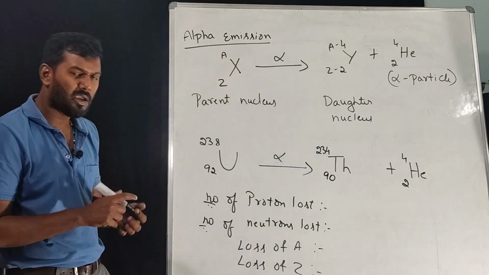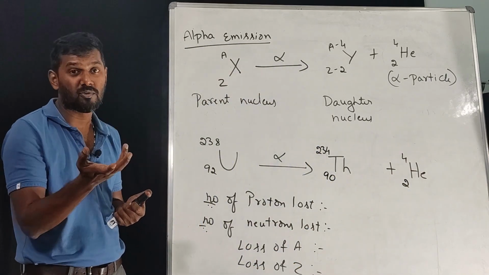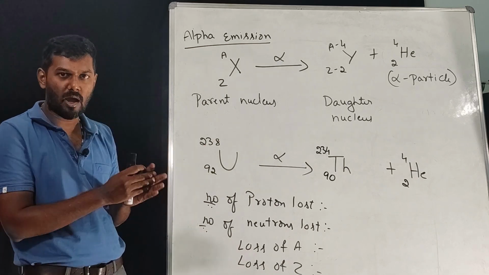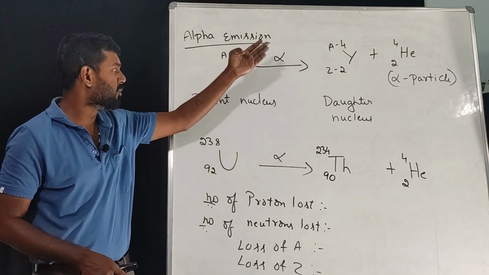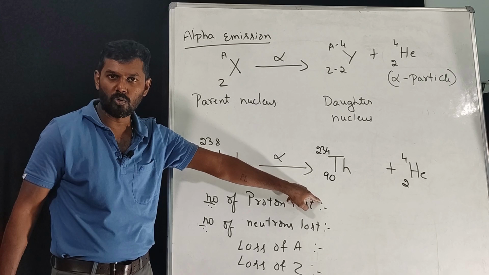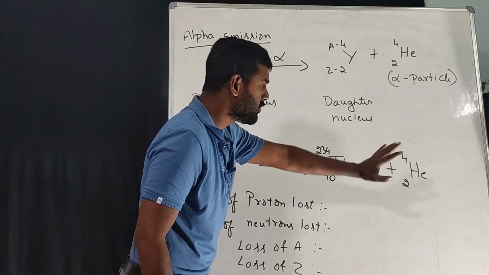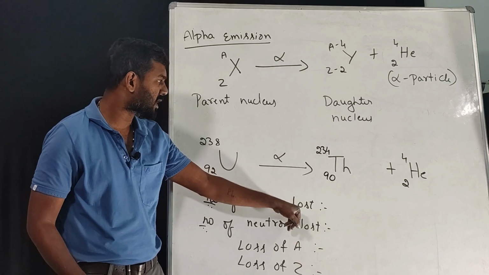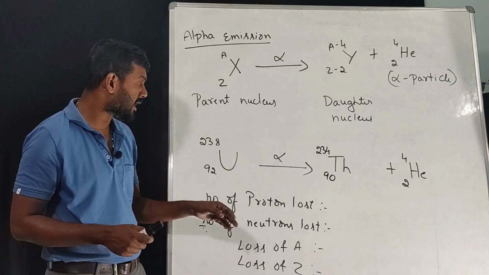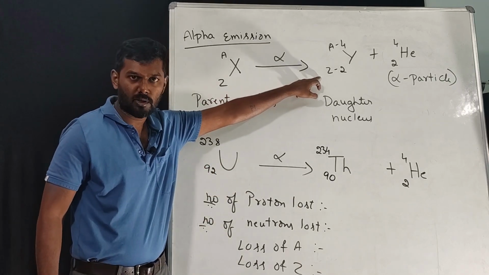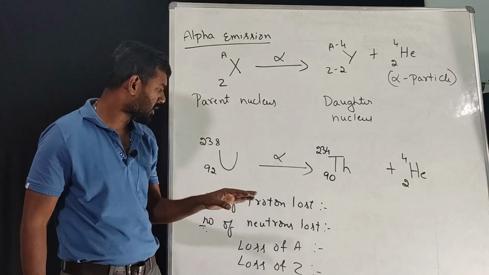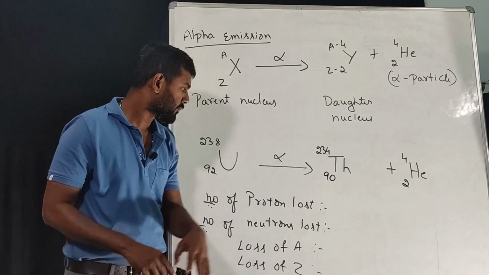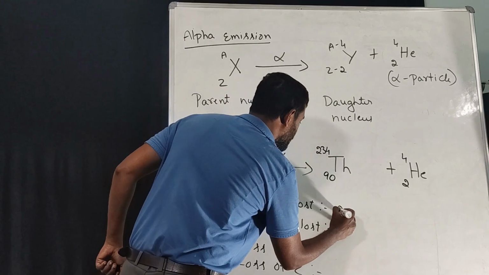Like in chemistry, we have to learn many equations by heart, right? But here you don't have to. There is a rule: remove 4 in the above part, 2 in the below part, and whatever you remove, give it to helium. So this is the conclusion. How many protons are lost? Atomic number is equal to the number of protons, so 2 are lost.